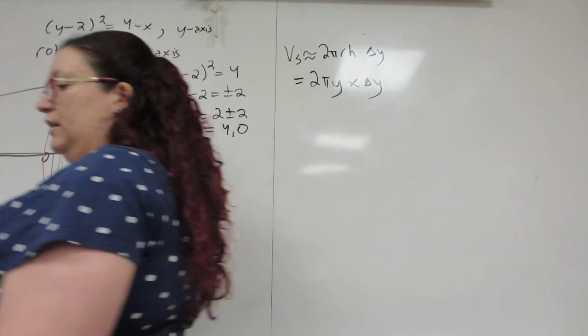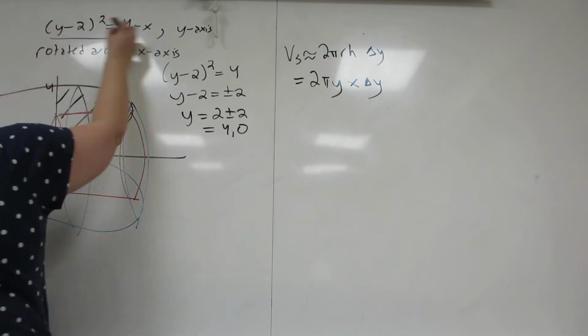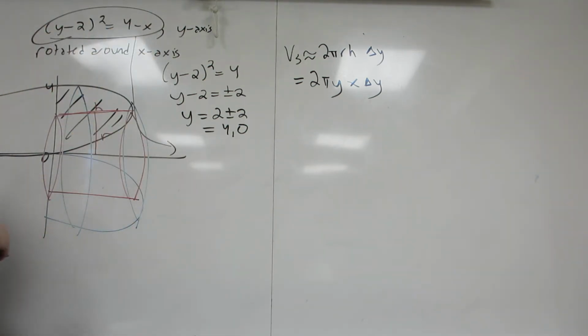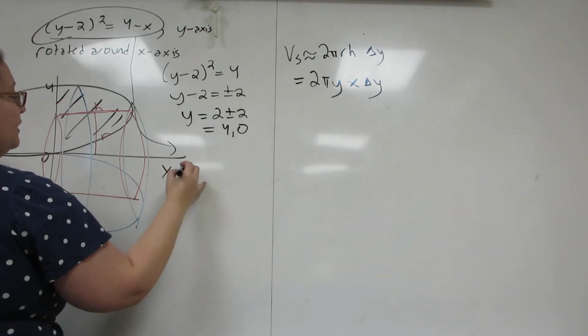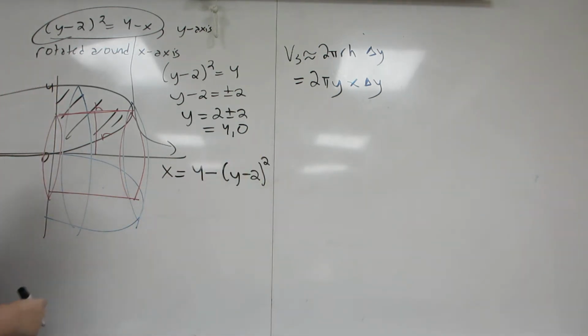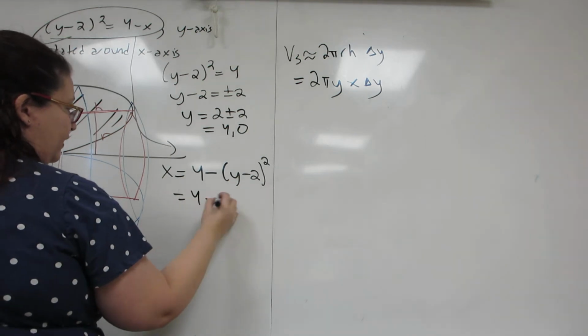I take a look at this and I realize I need to get rid of that x, since I'm clearly going to be integrating in terms of y. So I'm going to go back to my equation, down here, and I'm going to solve it for x. It tells me x must equal 4 minus (y - 2)^2. You can actually FOIL this out, of course, to simplify it a little bit.